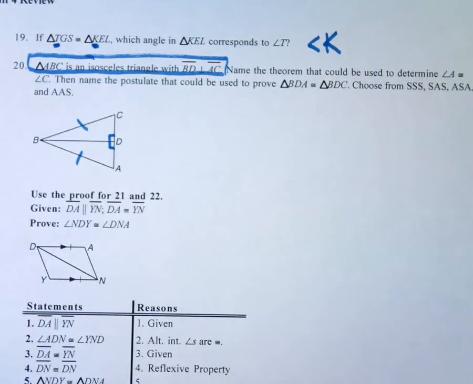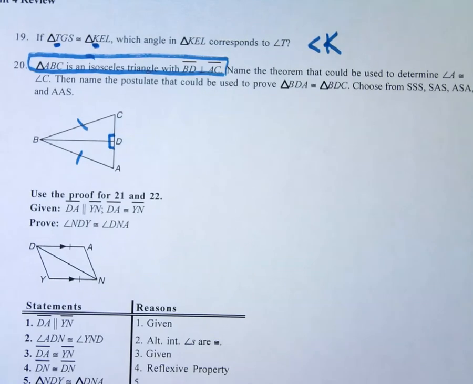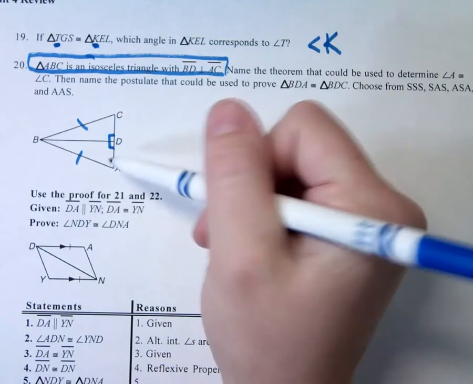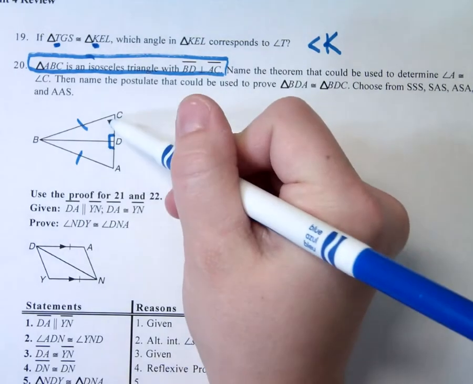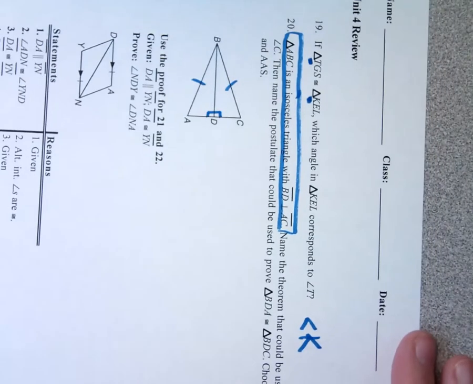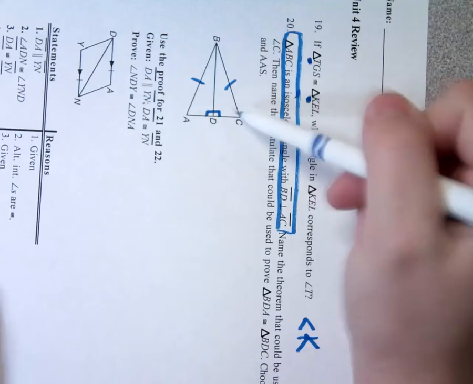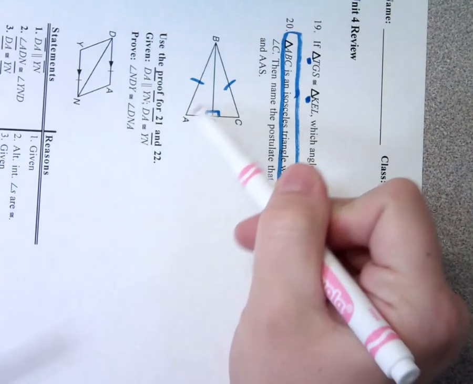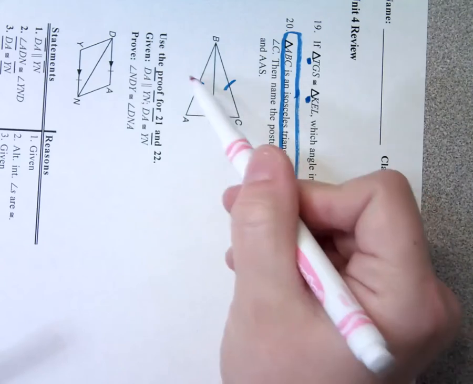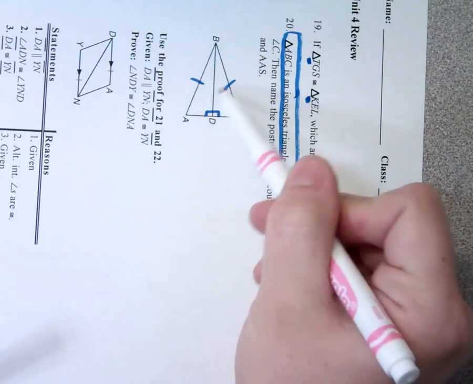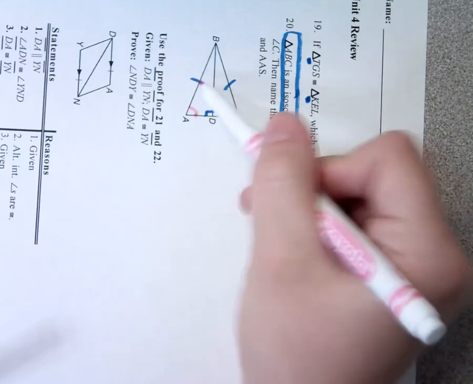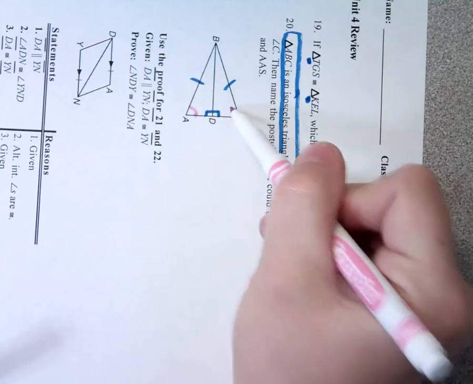The next part says, name the theorem that could be used to determine that angle A is congruent to angle C. Well, let me just turn this sideways for a second. I know that whenever I have an isosceles triangle, the angles across from the congruent sides are congruent to each other. So I know the angle across from this side is congruent to the angle across from this side.